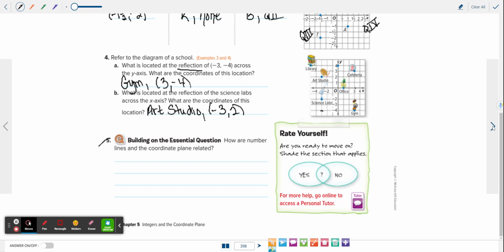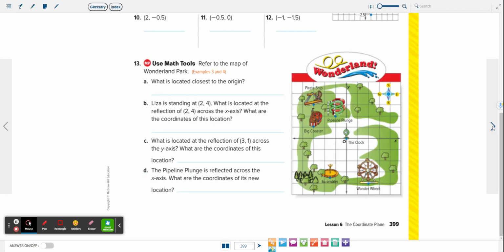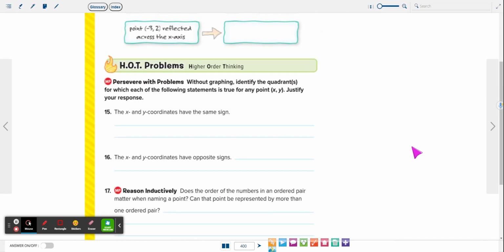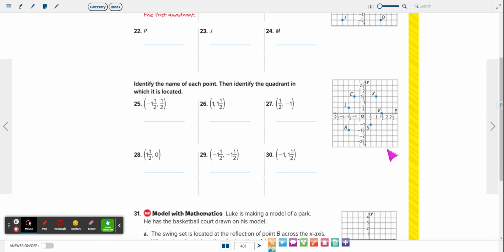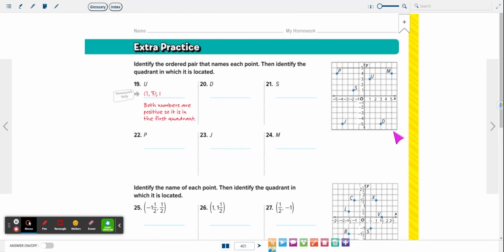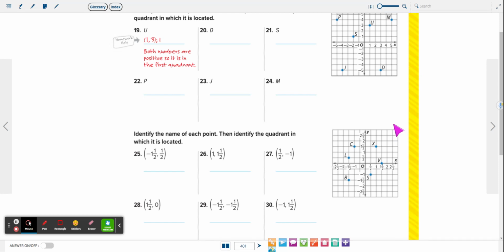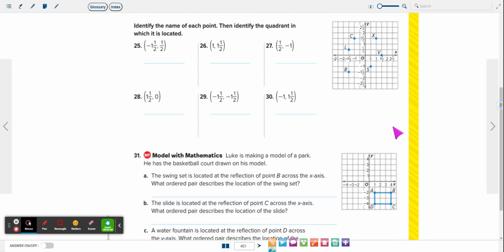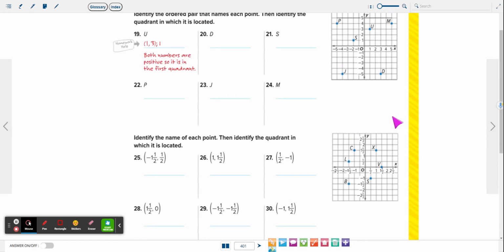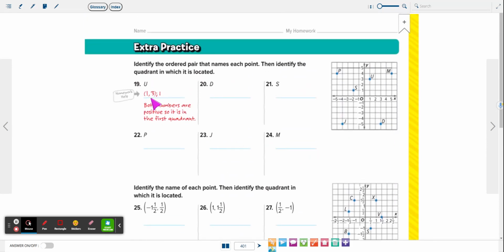Okay. All right. So your homework is going to be page 401. And we are doing, let's see, the whole page. Okay. They already did number 19 for you. Again, we have 2 parts. So the first part is to identify the ordered pair and then identify the quadrant.